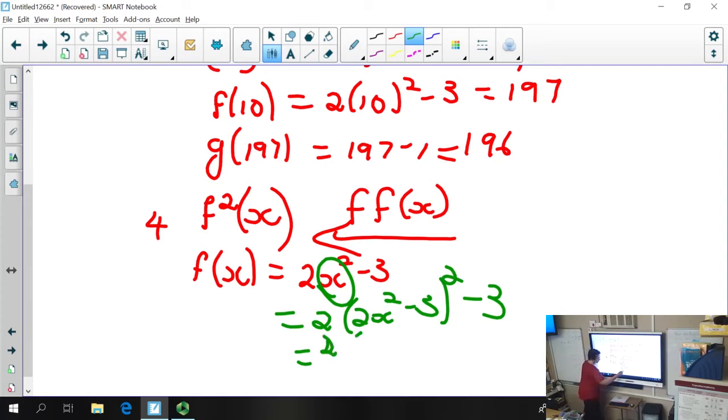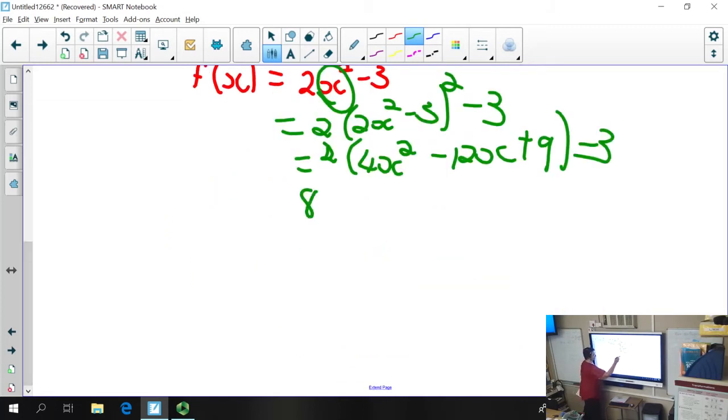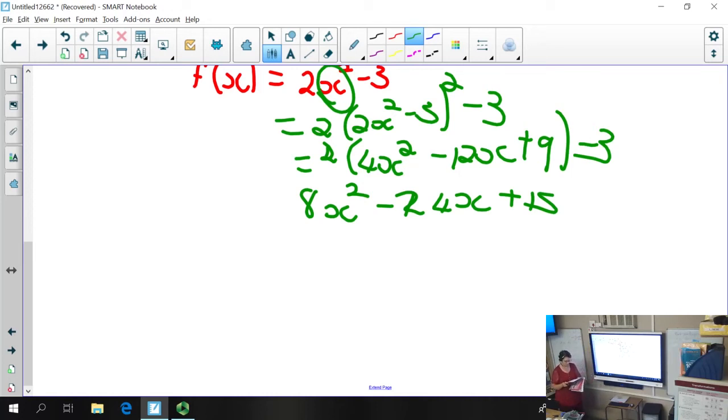So then it is 2 times this will be 4x squared. Don't be lazy here. Minus 12x plus 9 minus 3. And then in your final step, it will be 8x squared minus 24x plus 18 minus 3, plus 15. And they want you to simplify it like that.